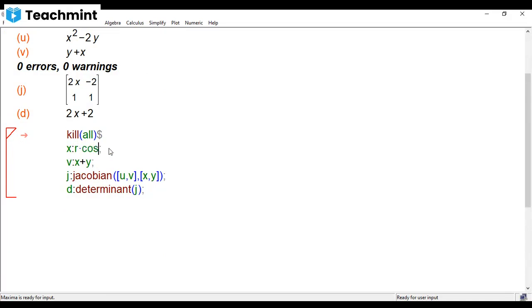sine theta into cos phi. And next, y is assigned with r into sine theta into sine phi.